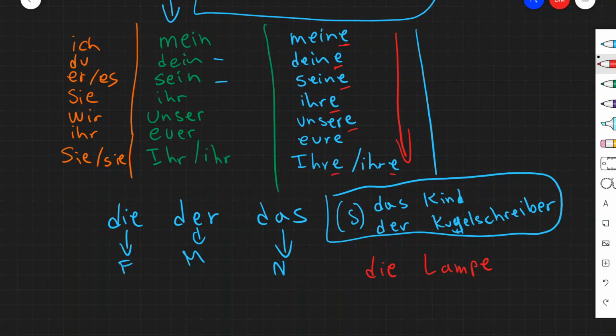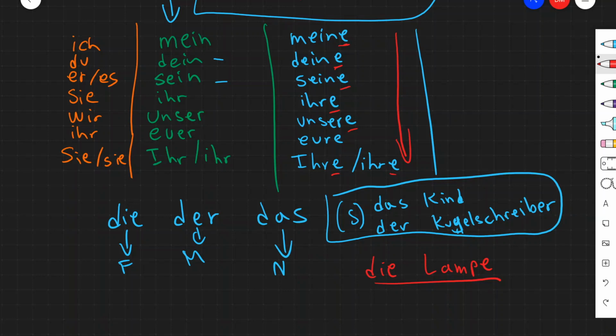So the E's at the end get added when the gender is female, and so you have to say meine Lampe, deine Lampe, seine Lampe, for you to be saying my lamp, your lamp, his lamp. It would be incorrect to use this form, mein Lampe. It just doesn't sound right, and also is completely grammatically wrong.